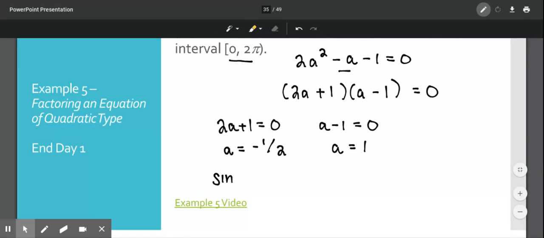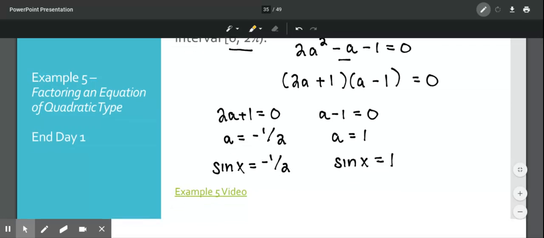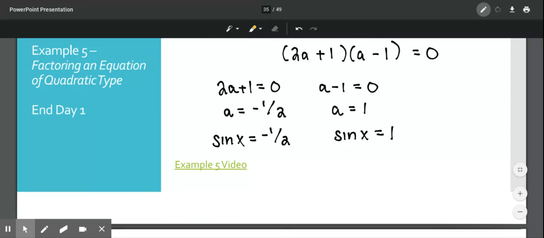So the sine of x equals negative 1/2, or the sine of x equals 1. So on your unit circle, when does the sine equal negative 1/2? Right, so we would say when x is 7 pi over 6 or 11 pi over 6.